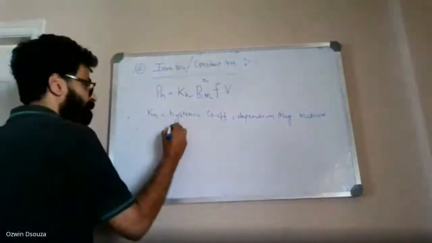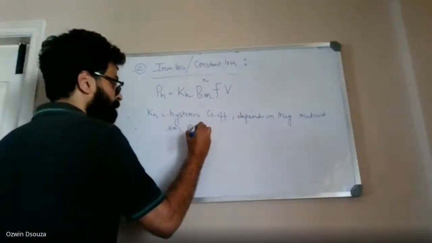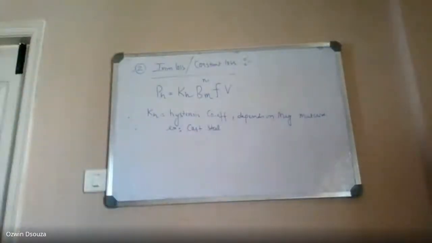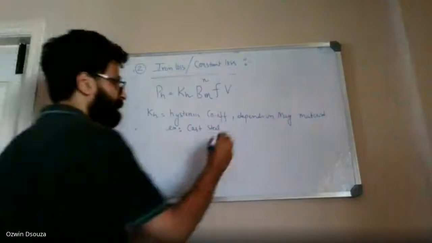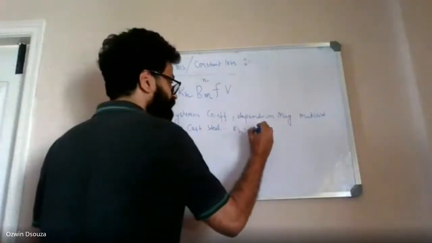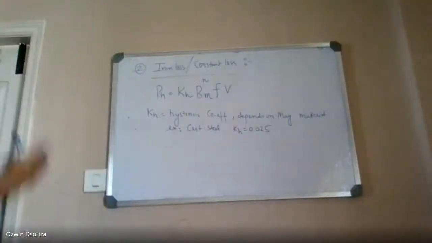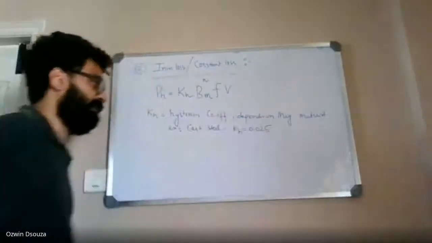For example, a magnetic material such as cast steel has a KH value of something like 0.025. You don't have to memorize this. I'm just giving this for your information.